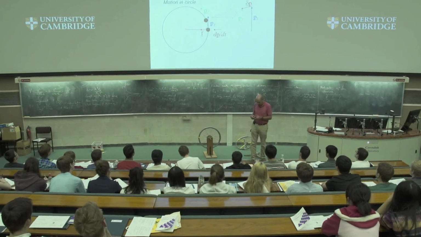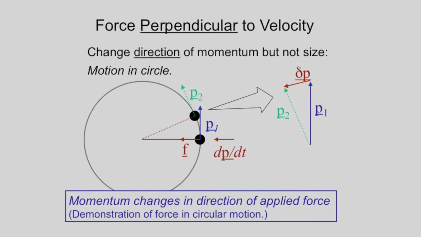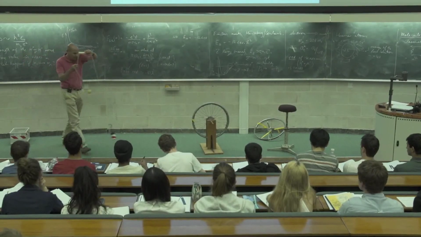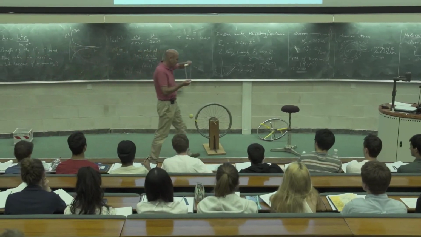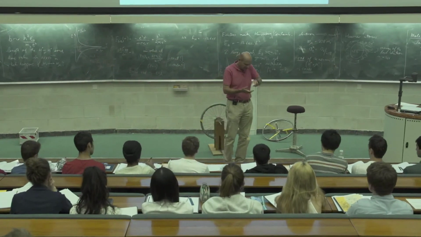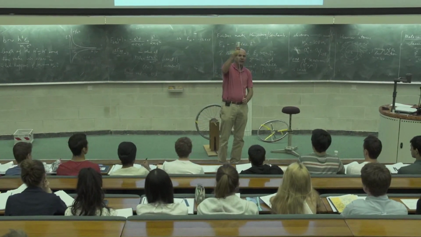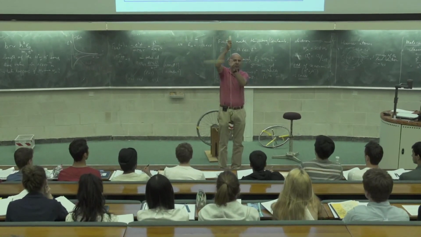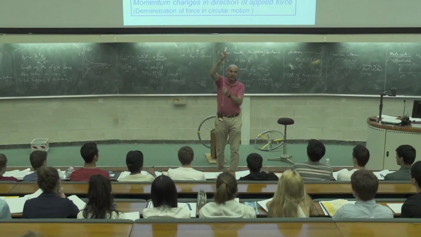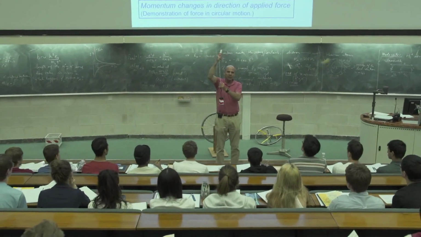And that force is a very real force, and I'd like to demonstrate that to you with a piece of simple apparatus. And it is this. We have a handle, and through the handle passes this string, and the string is what provides the force to the ball to keep it in circular motion.